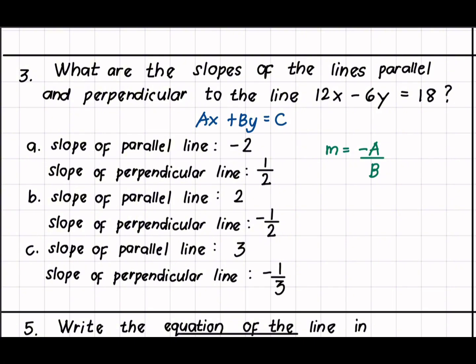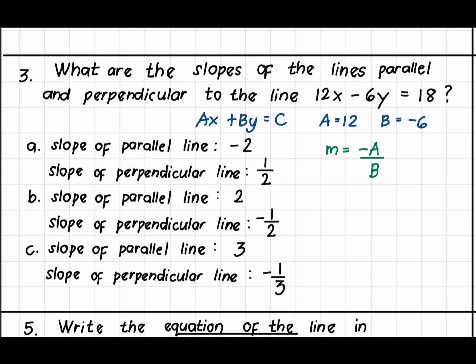So in the given equation, our a is 12. This one, that is our a. And our b is negative 6. Okay, that is our b.